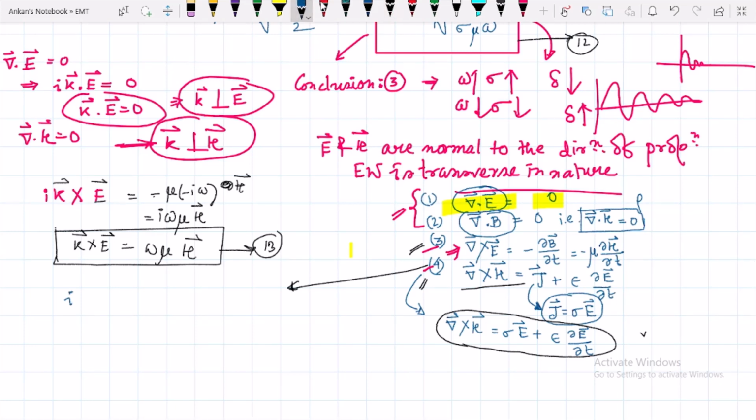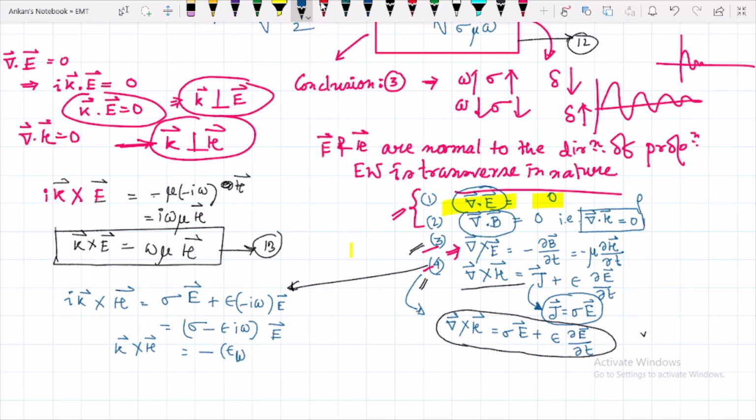Again by applying equation 4, i k cross H is equal to J, means sigma E, plus epsilon into del T, means minus i omega, into E, so sigma minus epsilon i omega into E. If you take negative as common and divide i on both sides, then you can get k cross H, where i gets cancelled out and the minus term will be again here, and minus epsilon omega.